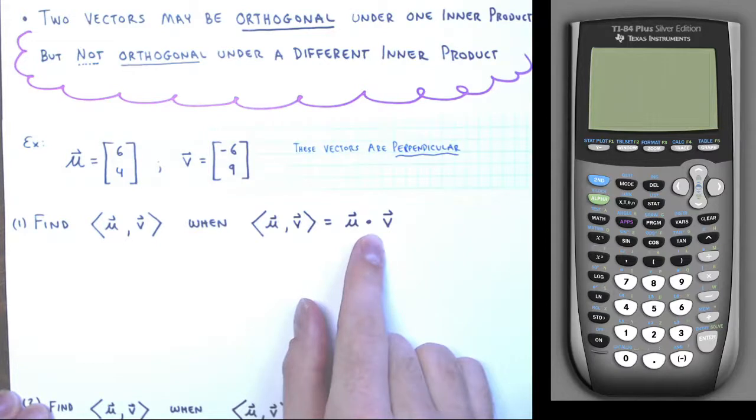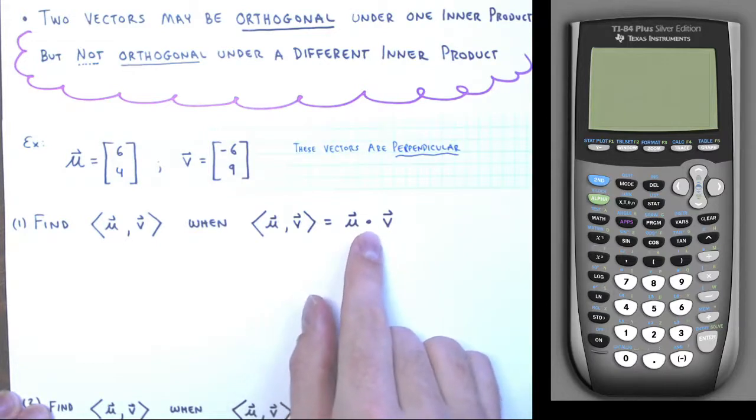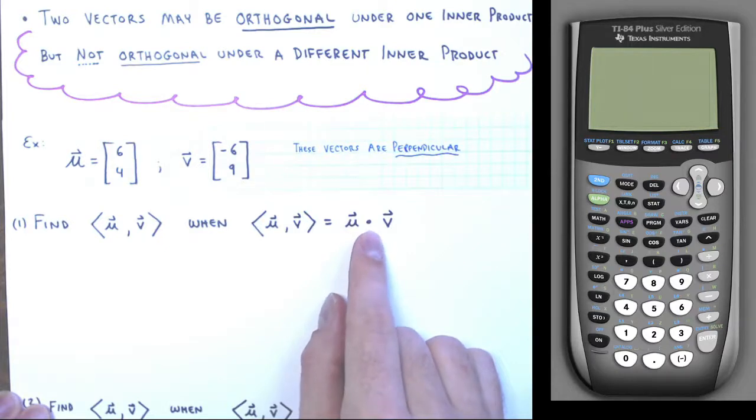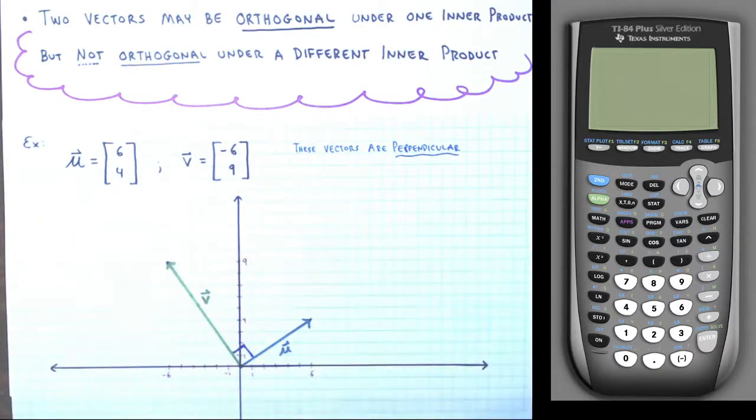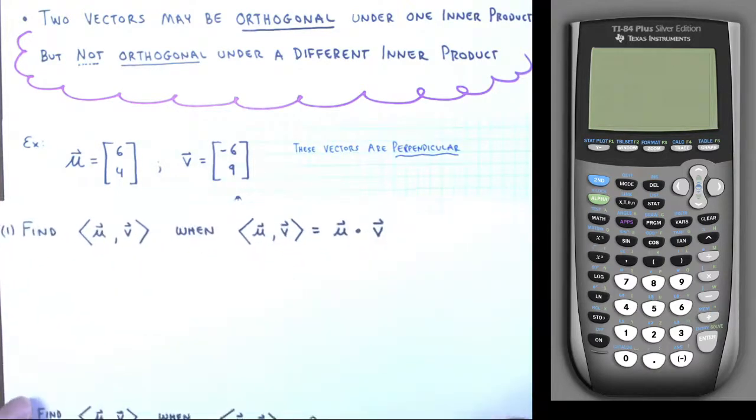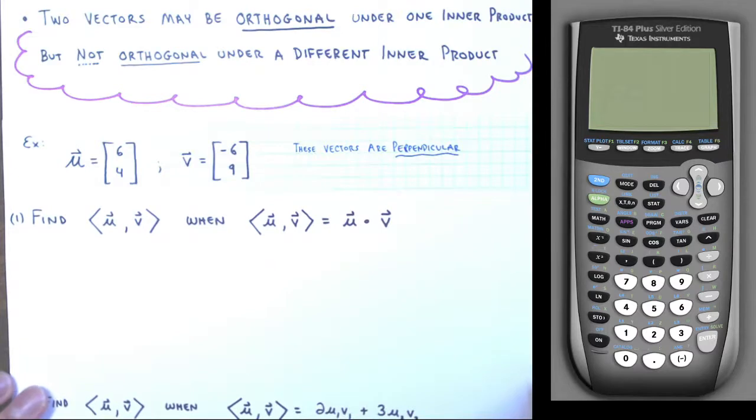Remember, I said earlier, when it's the dot product on R2, R3, spaces you can actually picture, when vectors are perpendicular, the dot product will be 0. We saw in my picture these two vectors, 6, 4 and -6, 9, do look like they're forming a 90-degree angle. So their dot product should be 0, and let's see that.